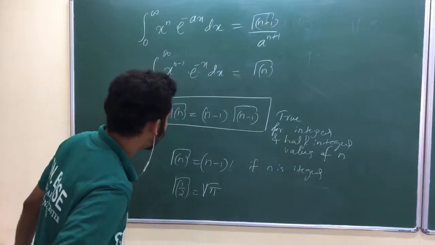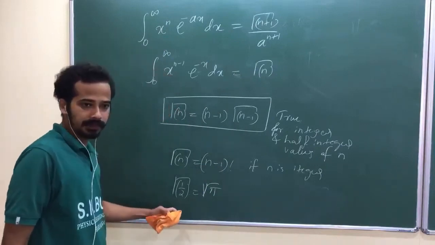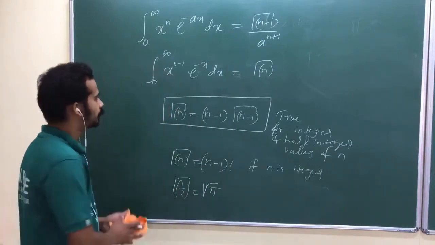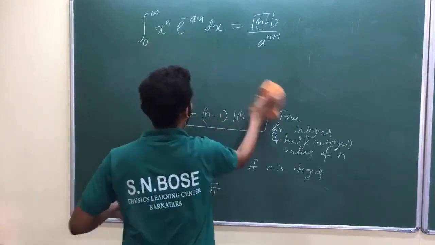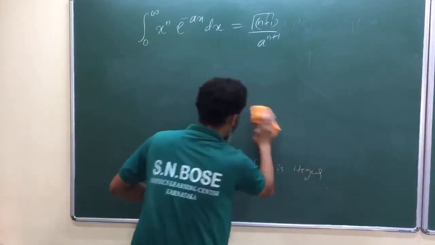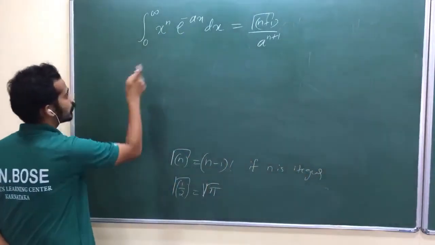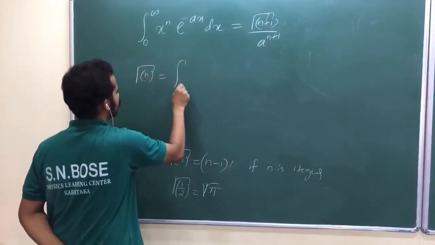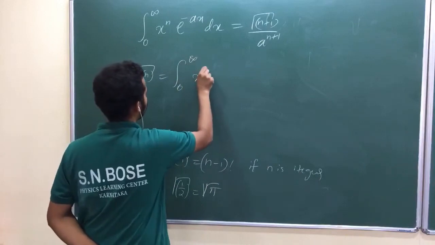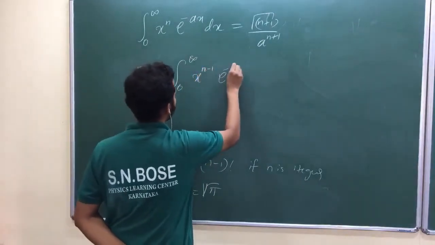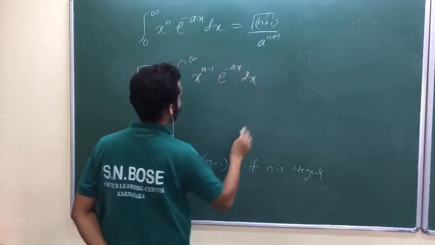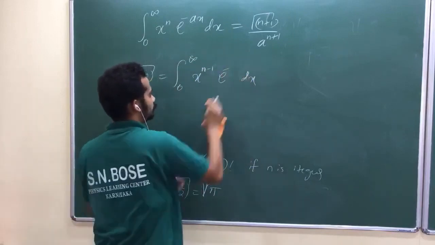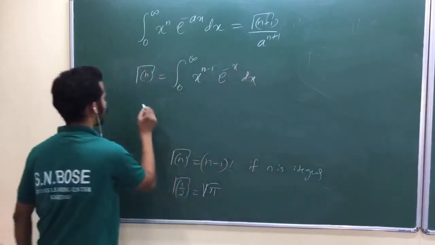Is that okay? So now let me define this gamma half integral, so that we shall have some more idea on this one. What is this gamma of half? Look here. Gamma of n is defined as the integral from 0 to infinity of x raised to n minus 1, e power minus x, dx. Am I right?